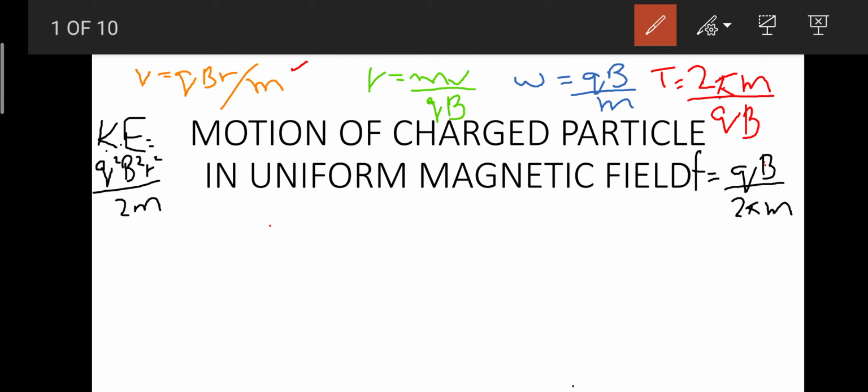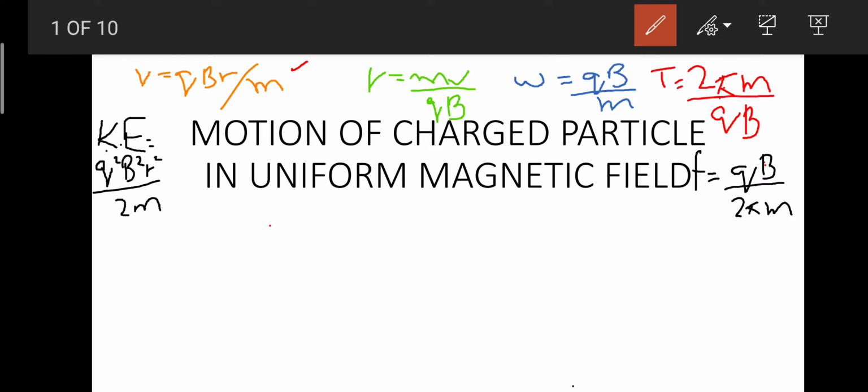Okay students, up till now we have derived all of these formulas, and in all of these formulas you can see that radius is very important. To determine the velocity we need the radius, but angular frequency, time period and frequency are all independent of r.